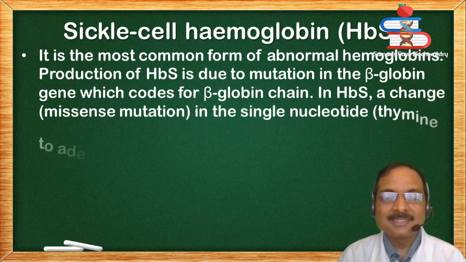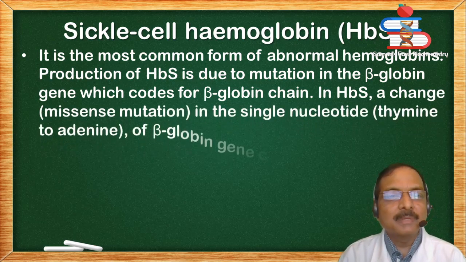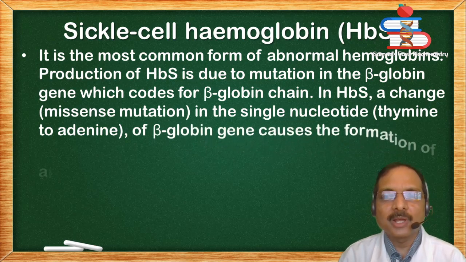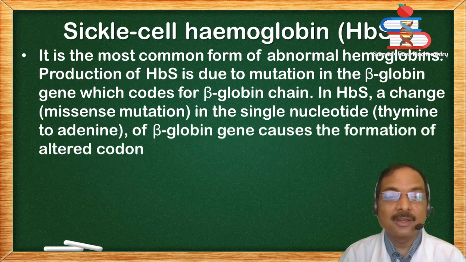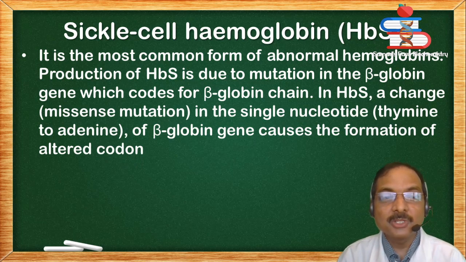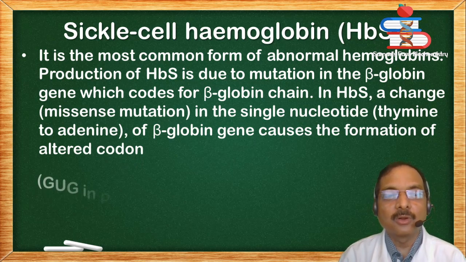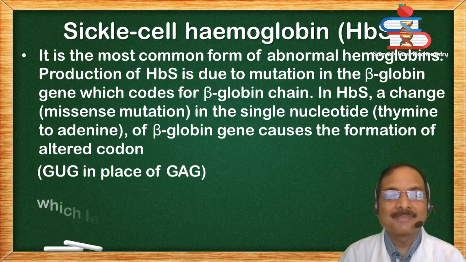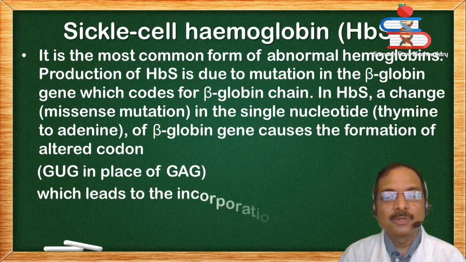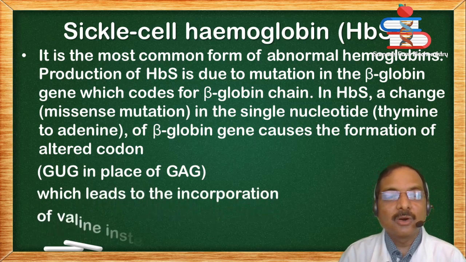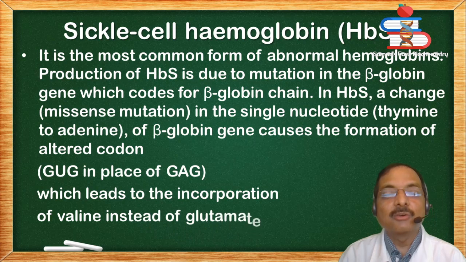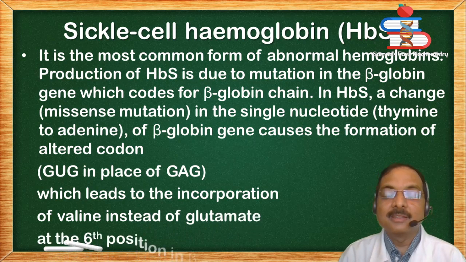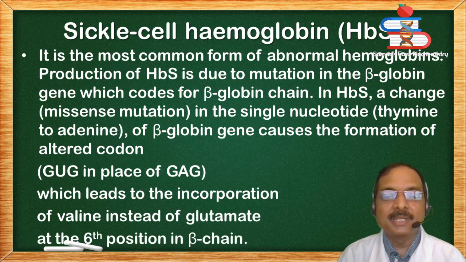In HbS, a missense mutation, a change in the single nucleotide thymine to adenine of beta-globin gene, causes the formation of altered codon GUG in place of expected GAG, which leads to the incorporation of valine instead of glutamate at the 6th position in beta chain.